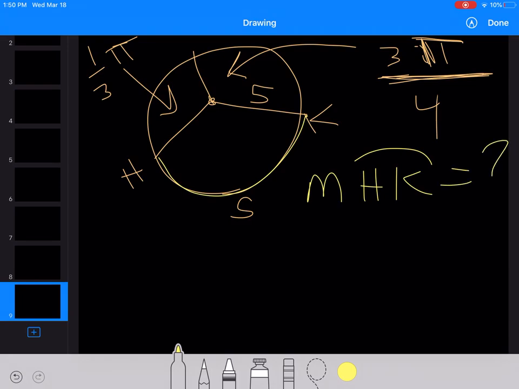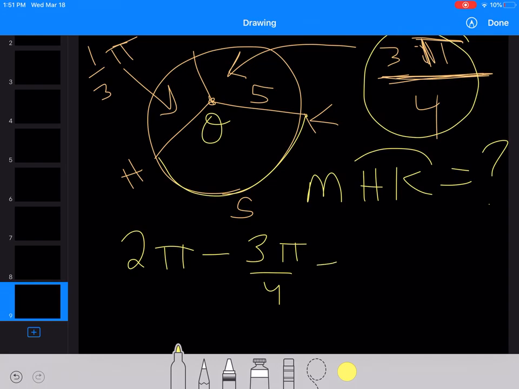It's unknown. So we know in terms of radians, there's 2 pi radians in a circle. So to figure out the missing value of theta, we just have to do 2 pi, because there's 2 pi total radians in the circle, minus 3 pi over 4, that's this one here, minus 1/3 pi, and we'll get our value.